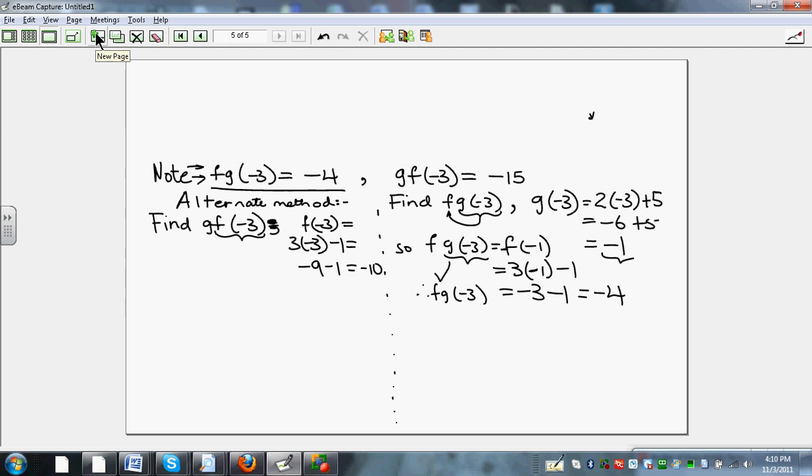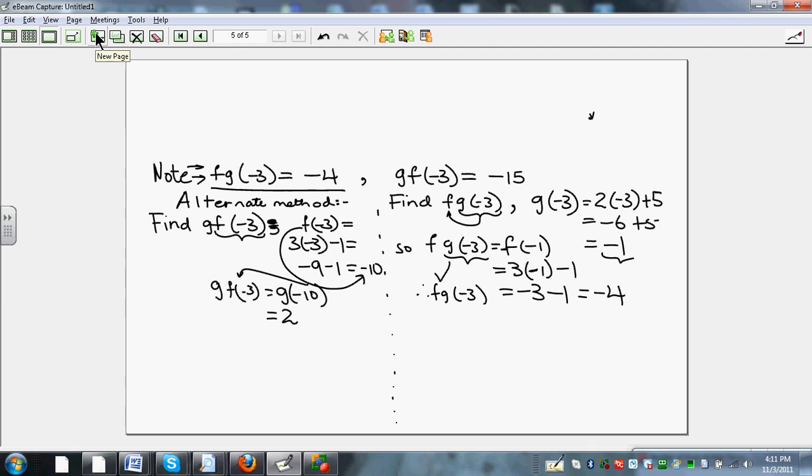So therefore, what we are saying is, if we want to find gf of minus 3, and we already know that f of minus 3 is equal to minus 10, all we'll do is take that minus 10 and replace f of minus 3 by it. So this becomes g of, instead of f of minus 3, we'll put minus 10. So we get g of minus 10 instead. g of minus 10 will be, take minus 10 and replace x with it in g of x, which is 2x plus 5. So in 2x plus 5, we replace the x by minus 10.